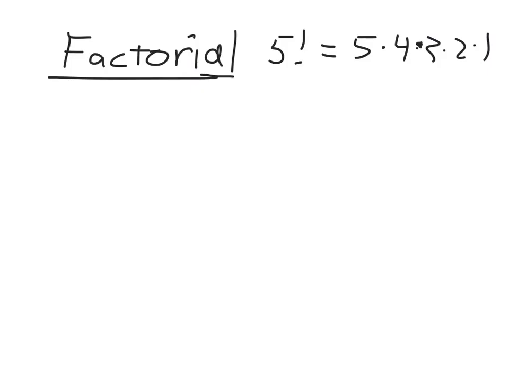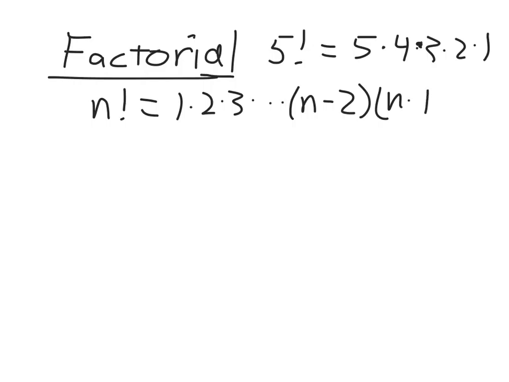So when we say n factorial, in that case we usually start with 1 and go up, 1 times 2 times 3 and so on. And then just to give you an idea what the last 2 or 3 numbers would be, we could represent n factorial this way.